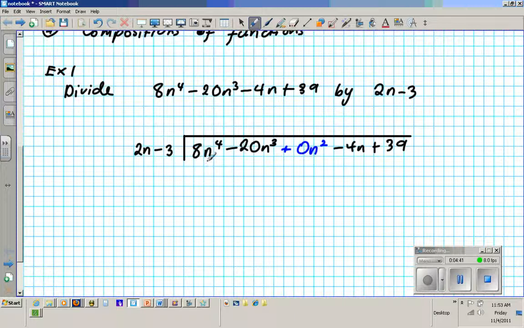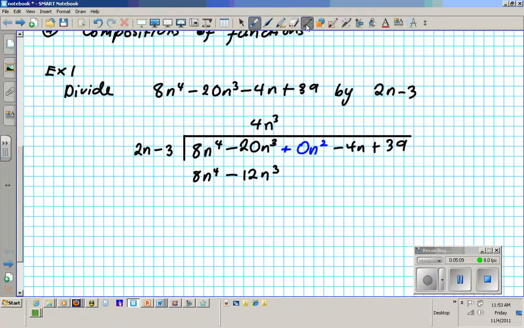All right, now you look at the first two. 2n times what gives me 8n to the fourth? I know 2 times 4 gives me 8, and n times n to the third gives me n to the fourth. So I'm going to distribute this to the first and to the second. So that will yield 8n to the fourth minus 12n to the third.